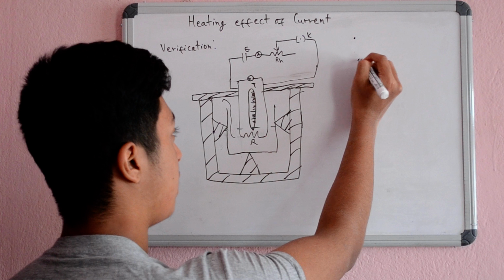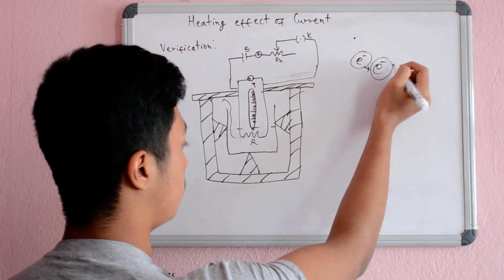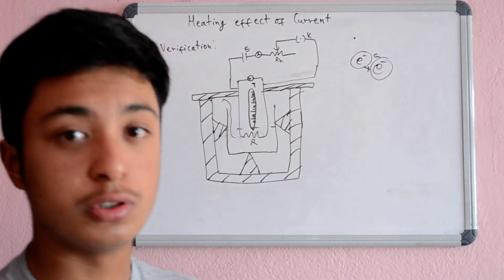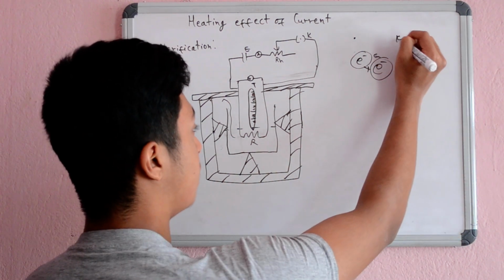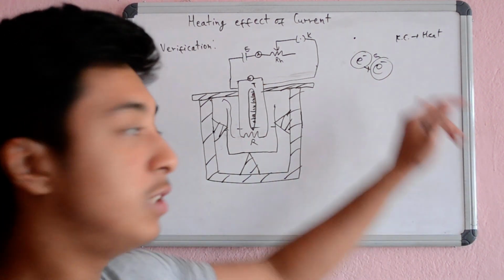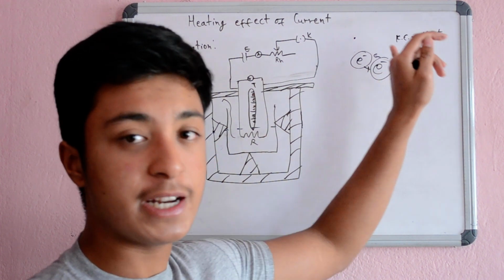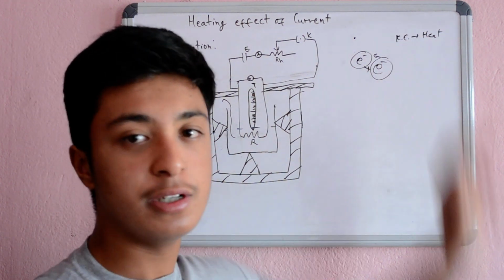When the electrons move forward, they collide, and thus lose some kinetic energy, which is then converted into heat. So basically, the collisions that the electrons experience make them lose kinetic energy, which is converted into heat.